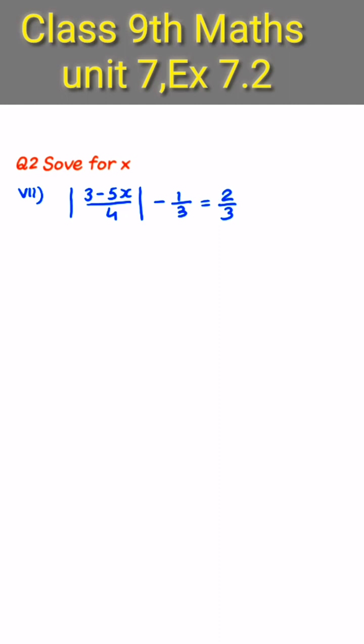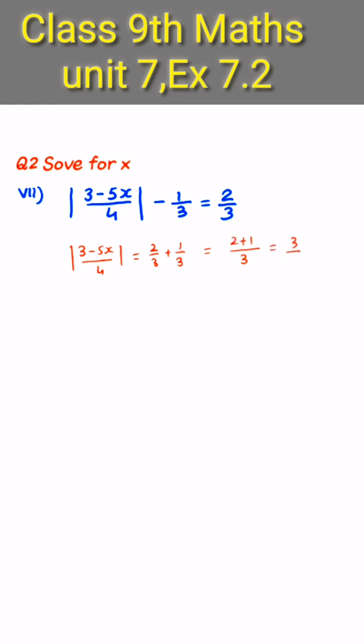Now part number 7, a little bit difficult. First of all, 3 minus 5x by 4 is equal to 2 by 3 plus 1 by 3. LCM will be 3.